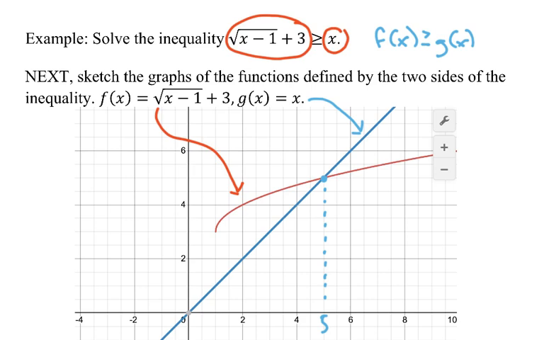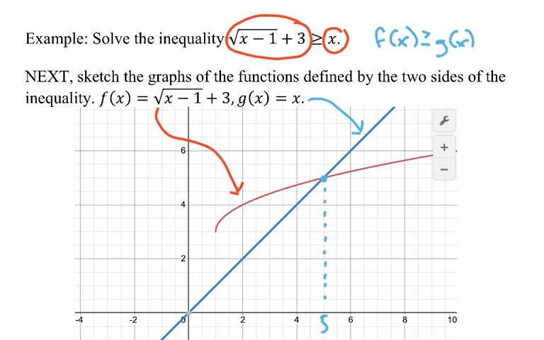For what values of x, in this case, for example, is the red graph above the blue graph? We can visualize that from the graph, and that will in fact be the solution of the inequality.